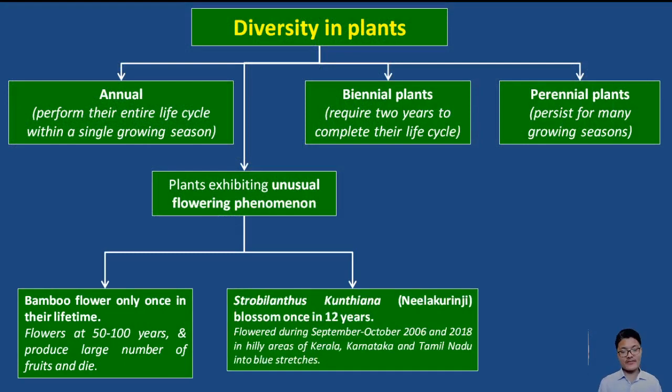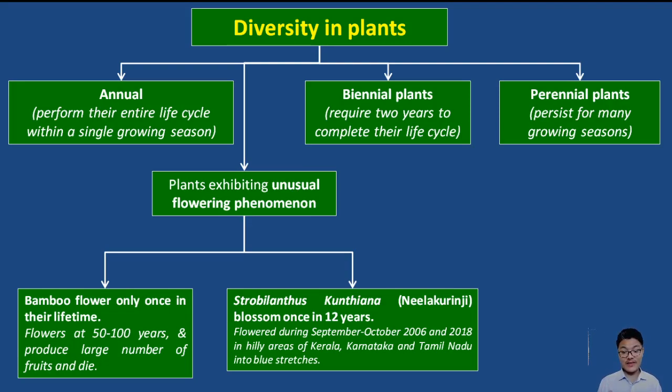We also have a specialized plant which is called Strobilanthes kunthiana or Nila Kuranji, which flowers once in 12 years. In 2006 and 2018, in the month of September to October, Nila Kuranji blossomed.